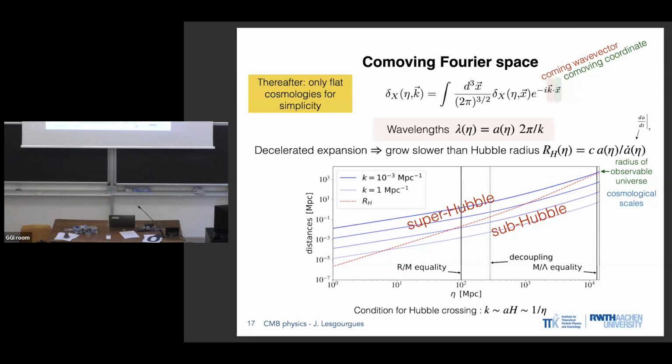And what is particularly relevant is to compare the evolution of wavelengths to the evolution of the Hubble radius. The Hubble radius is the speed of light divided by the expansion rate, and it separates two regimes. The super-Hubble regime, where microphysical effects are not important for causality reasons, gravity forces, pressure forces are not important.